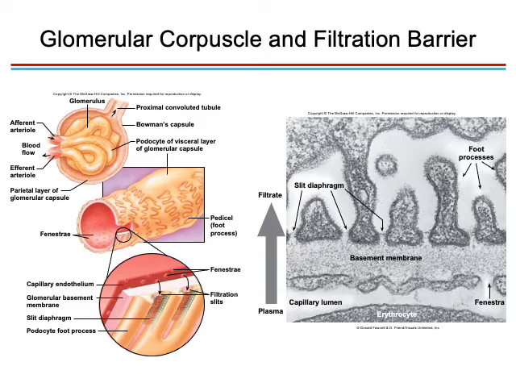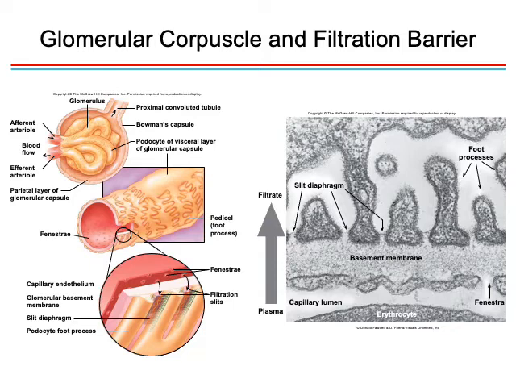But even within Bowman's capsule, there are ways to regulate how much plasma filtrate moves in. And that is done with the help of the podocyte, covering or not covering the various slits.